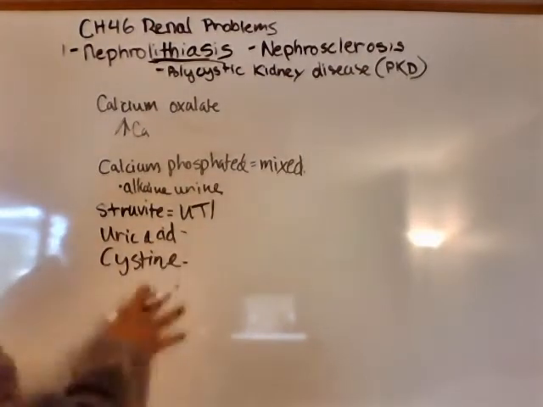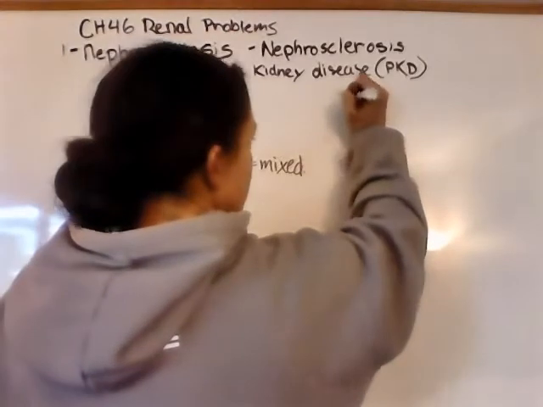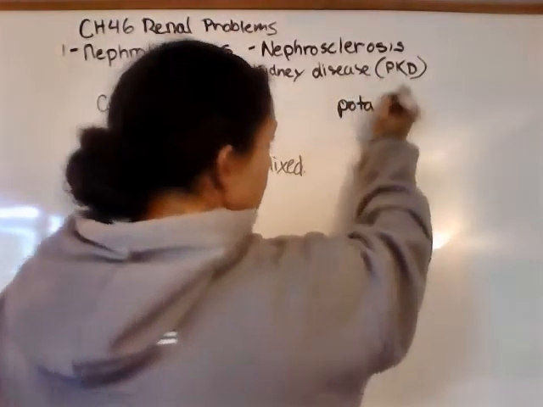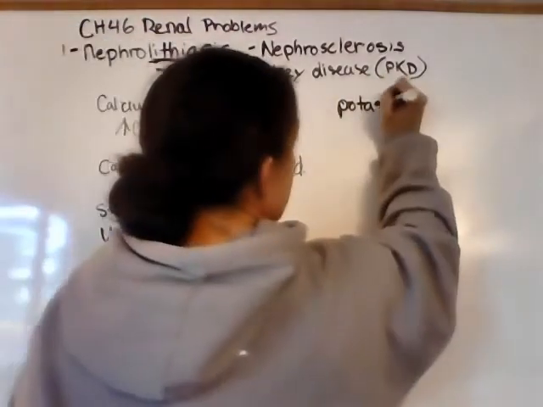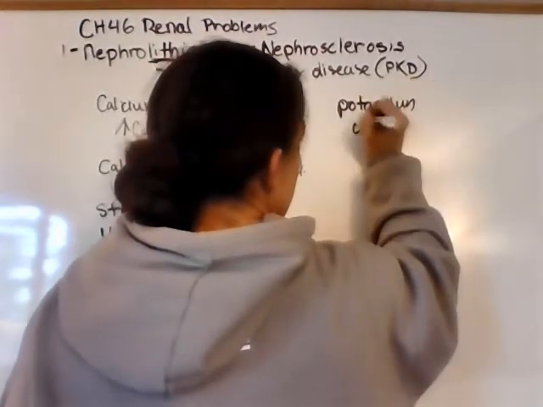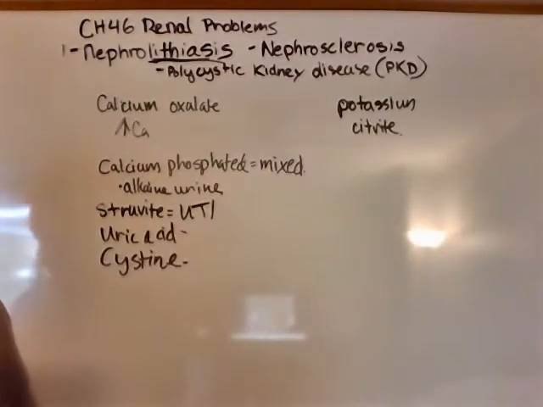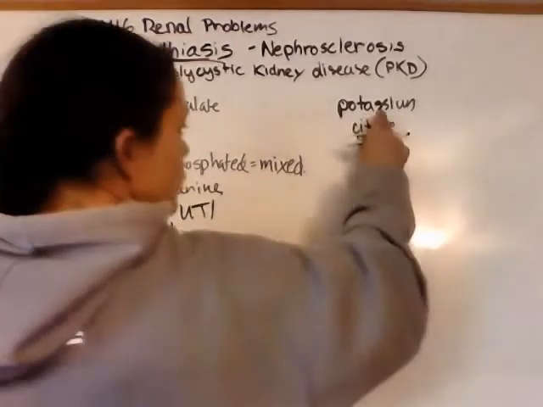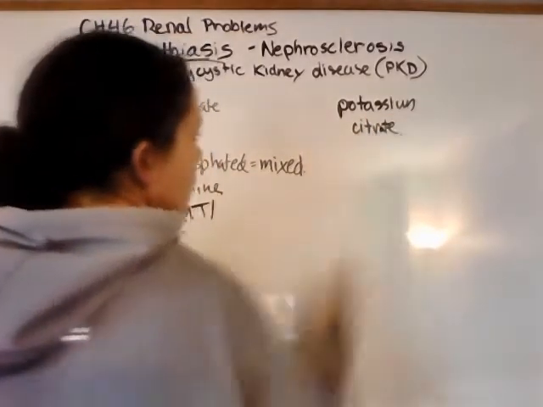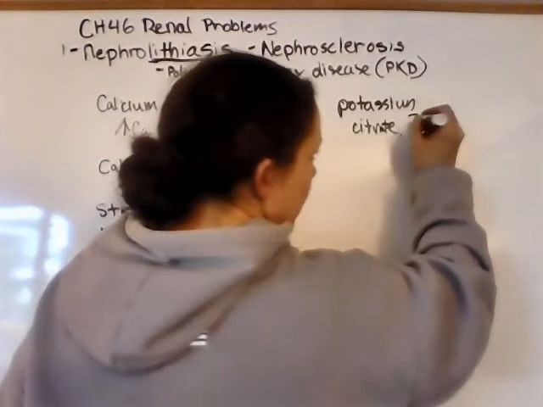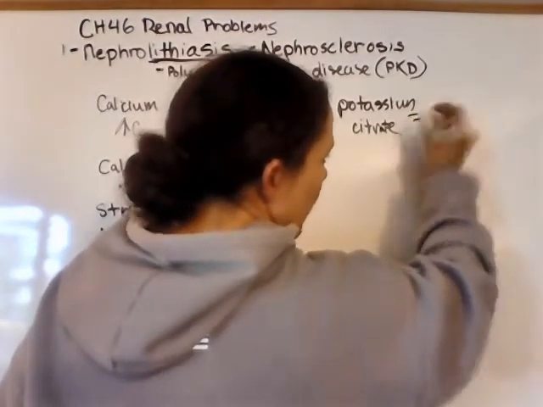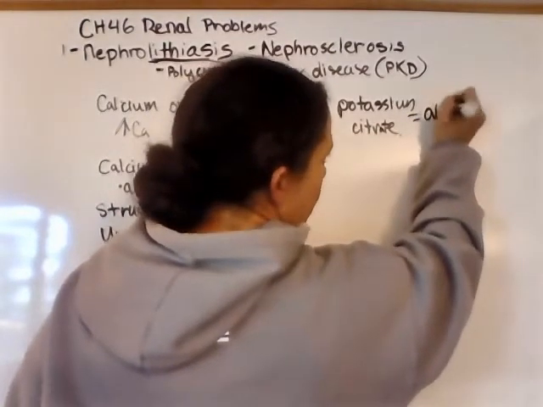Now, any time that you want to make the urine alkaline, you're going to use potassium citrate. So potassium citrate is going to take your urine from acidic to alkaline. So it's going to make the urine alkaline.